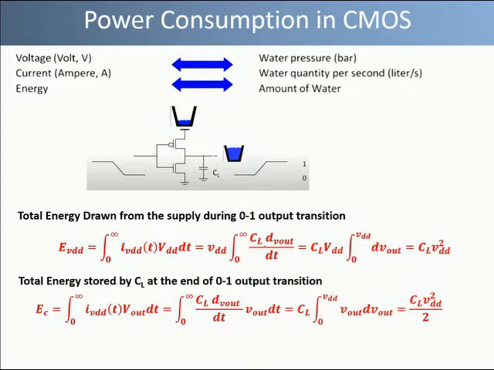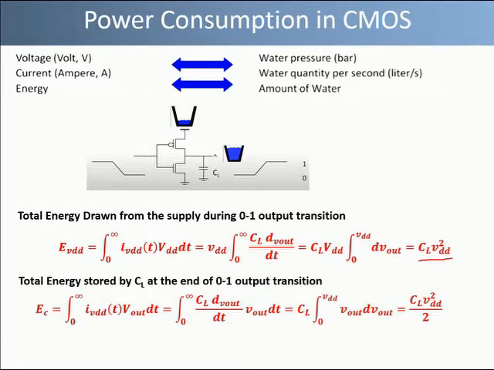And as we know that the current across the capacitor is equal to the time derivative of voltage across it, which is equal to CL times dVout by dt. Now placing the values and solving this integral, we obtained that the total energy drawn from the supply voltage during 0 to 1 output transition is CL times VDD square.